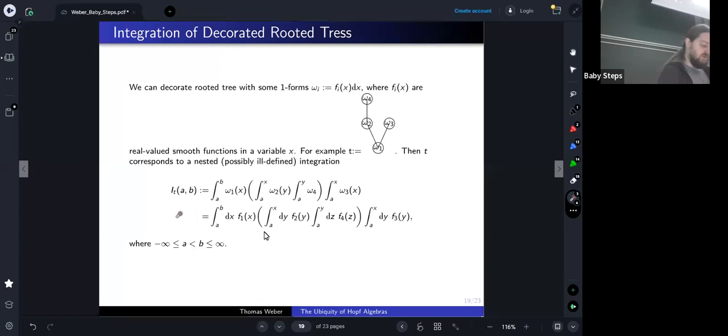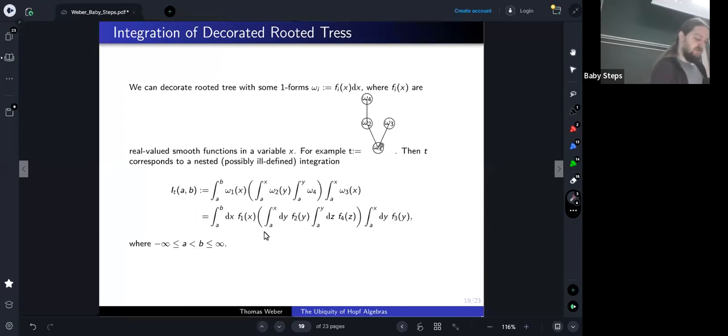So how does this correspond to a nested integration? We say that the nested integral corresponding to the tree T looks like this. You first integrate over omega 1, and then everything that is connected to omega 1 is also integrated there.